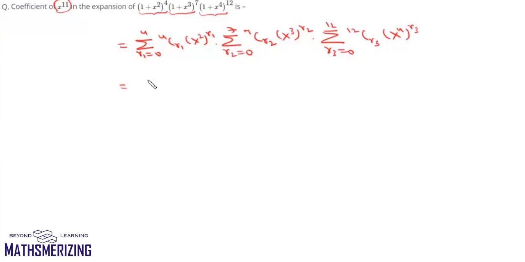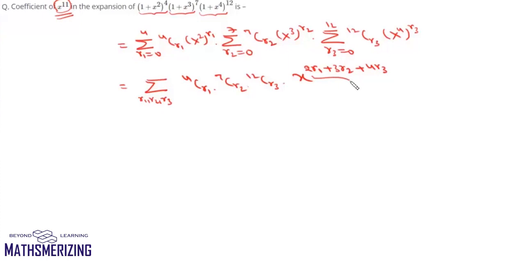So for the different values of r1, r2 and r3, we can write this as 4Cr1 into 7Cr2 into 12Cr3 into x to the power 2r1 plus 3r2 plus 4r3. Now we need to find the coefficient of x to the power 11 in this expansion.